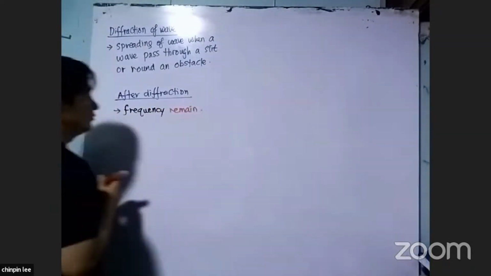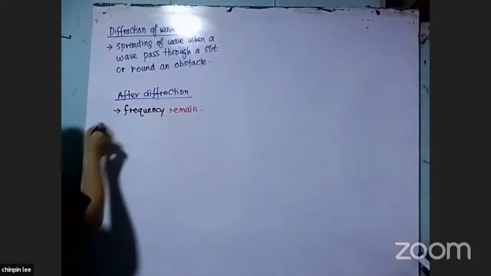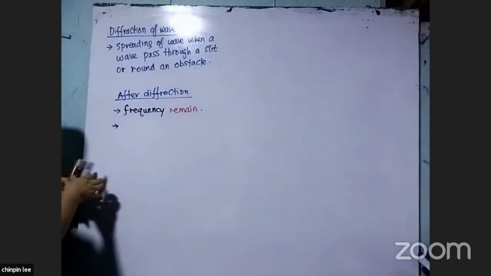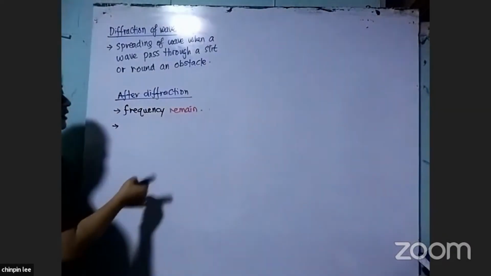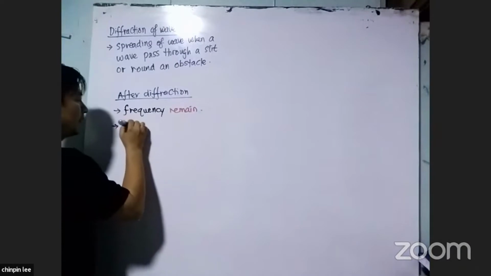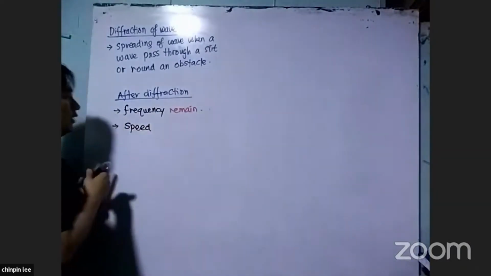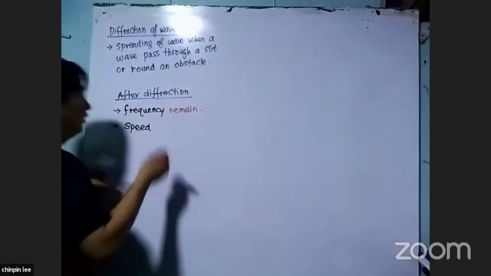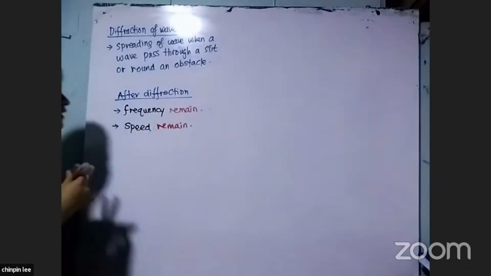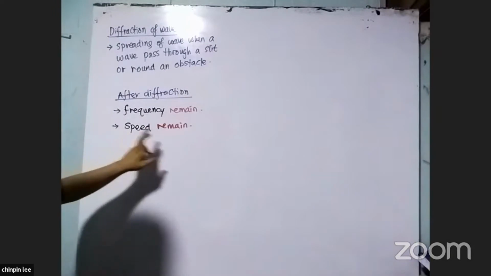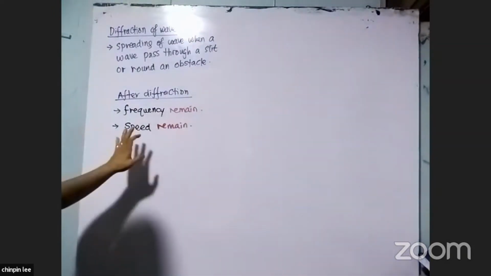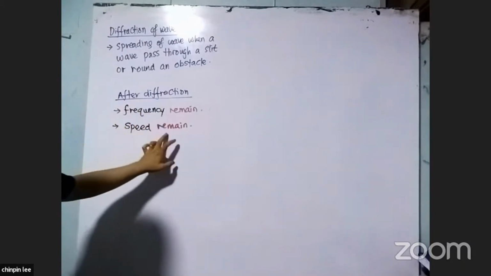No change. Second, we talk about the speed of the wave. Speed remains the same. Speed will change when it goes to deep or shallow only. So when diffraction, the speed will not change.